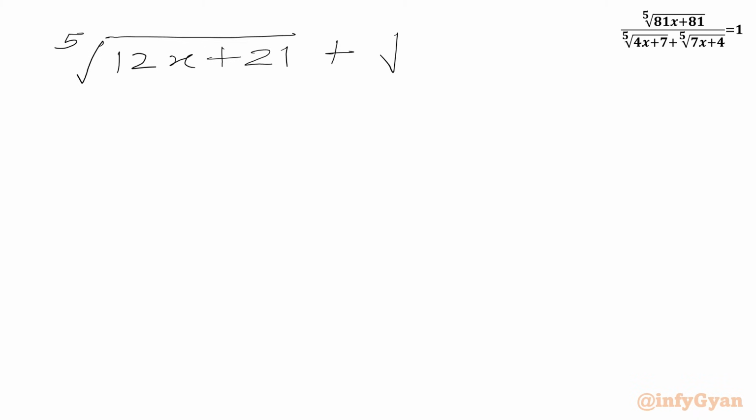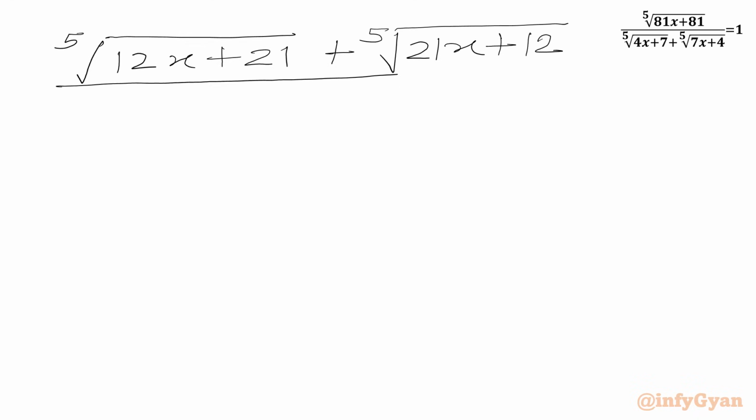So our equation will become fifth root of 12x plus 21 plus fifth root of 21x plus 12 over 3 times fifth root of x plus 1 equal to 1.